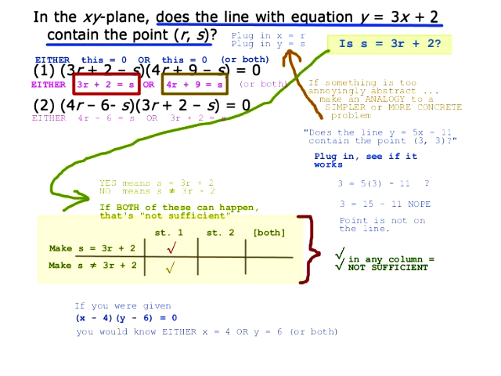Let's color code that. So that's going to check off the top box. And if S is 4R minus 6, and they're not the same, then it'll check off the bottom box.